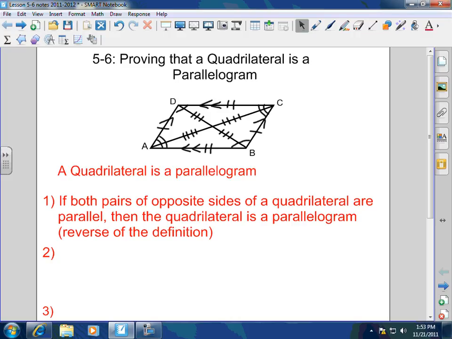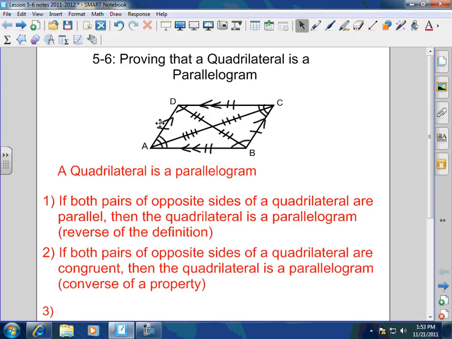Number 2. If both pairs of opposite sides of a quadrilateral are congruent, then the quadrilateral is a parallelogram.